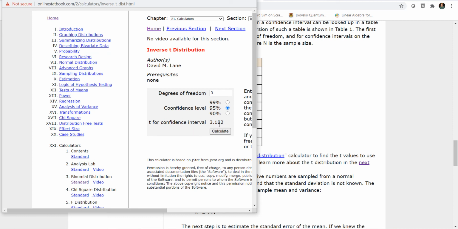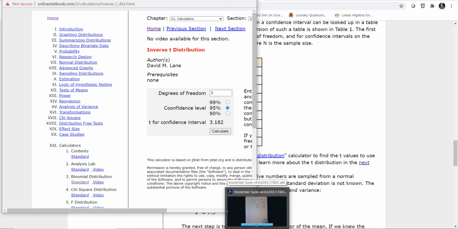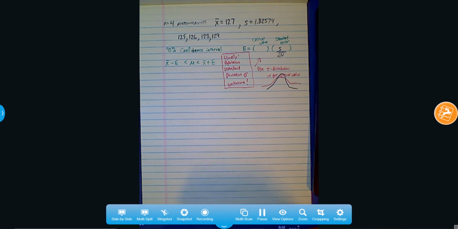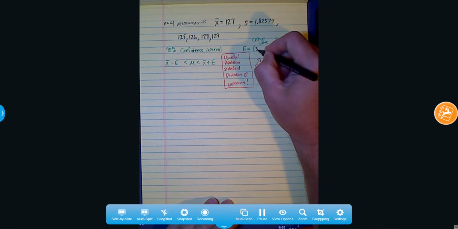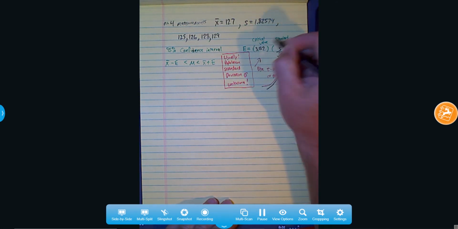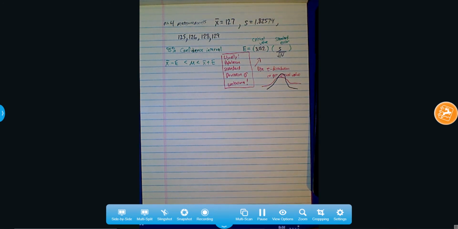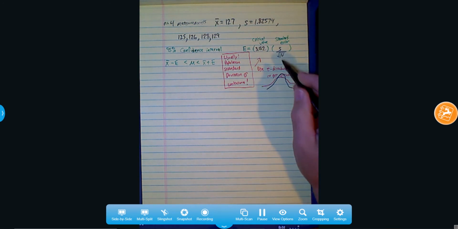And so the t value that I want for this confidence interval is actually 3.182. And you're going to notice that's a lot bigger than the 1.96 I had last time. So we're going to put in 3.182, and then we need to multiply by the standard error.